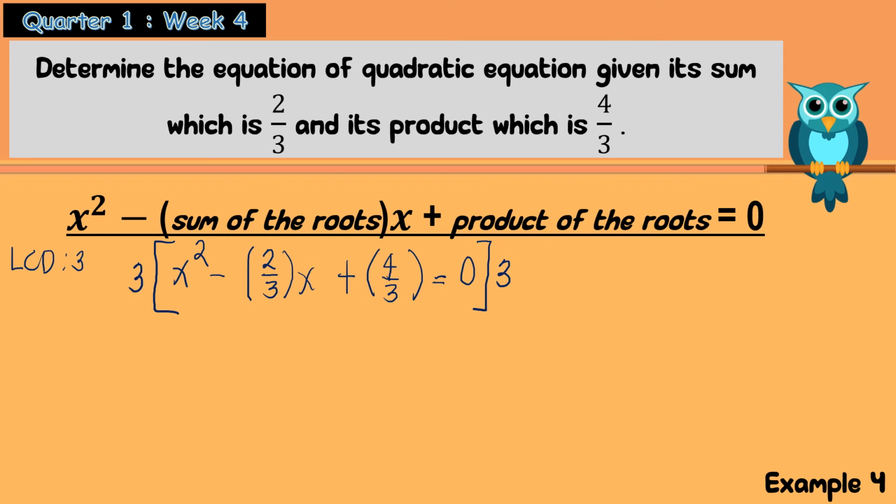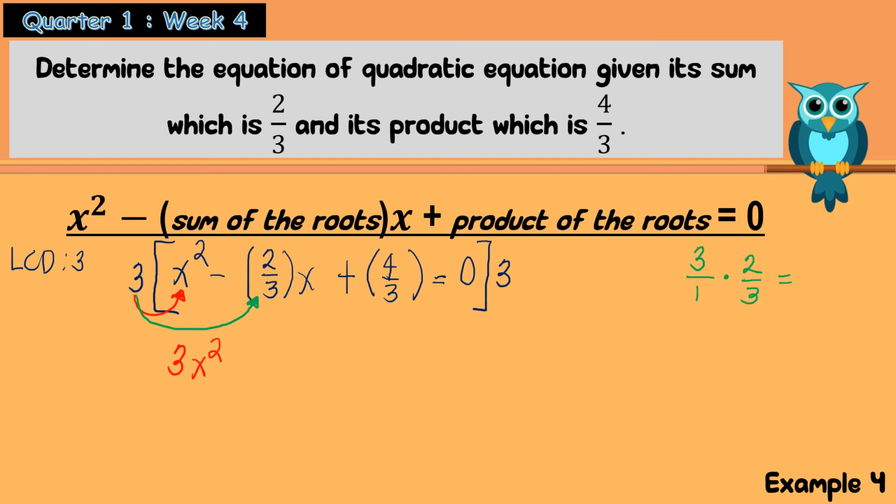So, the first thing that you're going to do is multiply 3 by x squared. So, you got here 3x squared. Next, we're going to multiply 3 by negative 2/3. So, we're going to show it here. You have here 3 over 1 multiplied by 2/3.